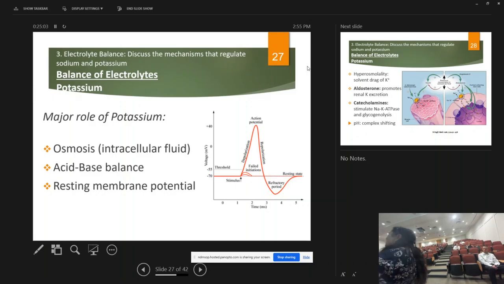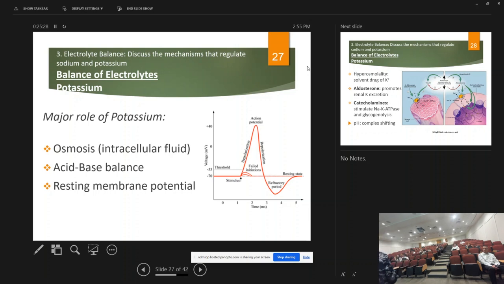It also plays a role in the acid-base balance, which we'll talk about in a minute, and it impacts your resting membrane potential. Where is that, in the kidney? In the heart. But does the kidney have a resting membrane potential that we need to worry about?